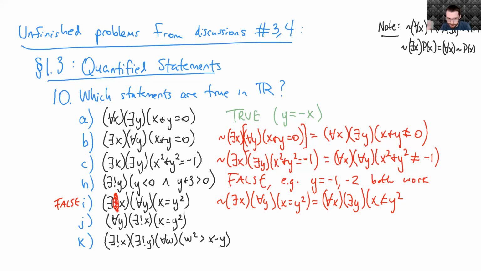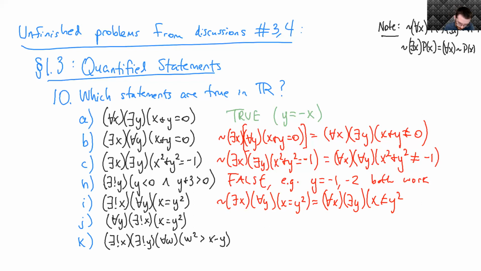Because if we're saying there doesn't exist an X with this property, there definitely doesn't exist a unique X with that property, right? There are no X's with that property. Okay, so that's kind of a workaround way to get to that solution. And again, all this stuff I'm writing is not actually required, but trying to justify why things are true, just so you get a feel for how that works in the future.